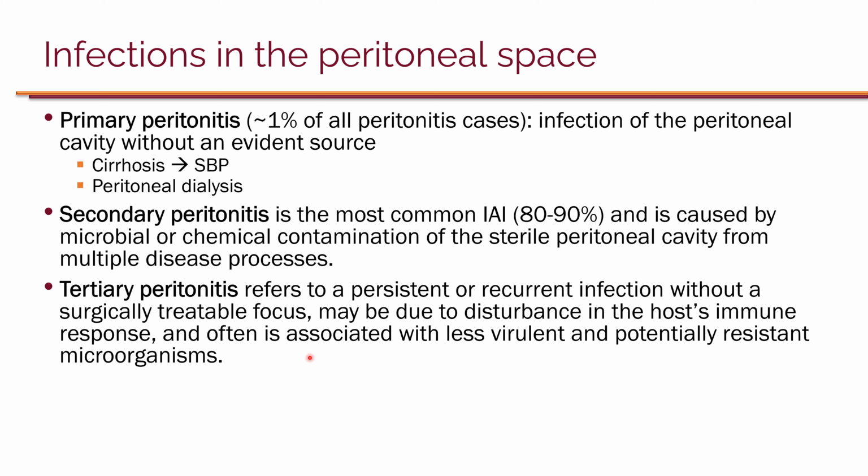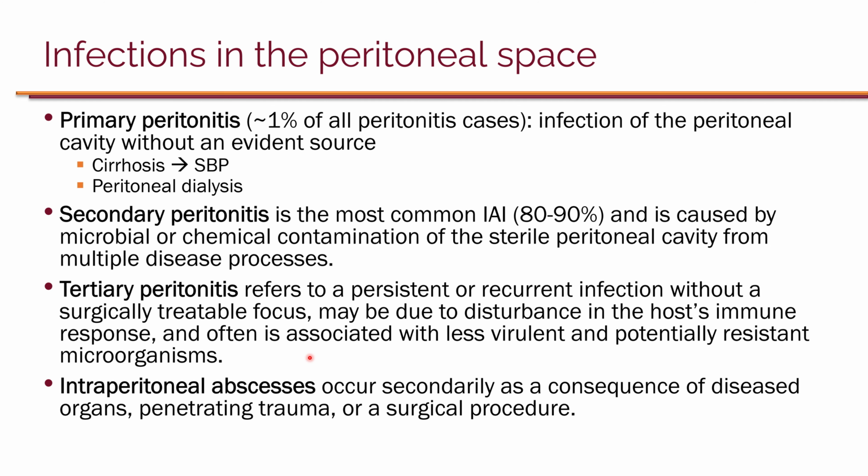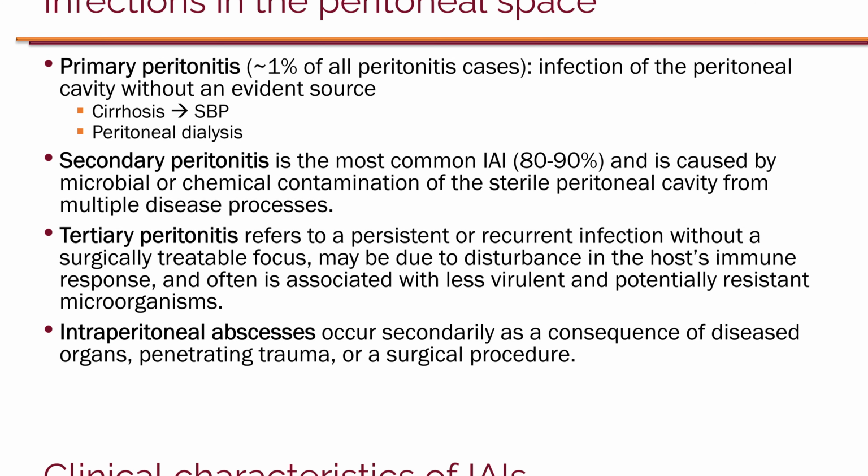It may be due to disturbance in the host's immune response and often is associated with less virulent and potentially resistant microorganisms. And lastly, there could also be intraperitoneal abscesses, which can occur secondarily as the consequences of diseased organs, penetrating trauma, or a surgical procedure.